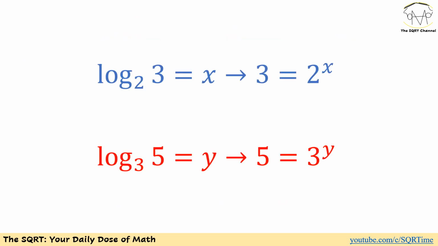To solve this problem, we are going to use the normal stuff that people usually use when we have this kind of problem. We are going to use x for log of 3 in base 2 and y for log of 5 in base 3. If x is equal to log of 3 in base 2, then we can say that 3 is equal to 2 to the power of x, and similarly we can say 5 is equal to 3 to the power of y.